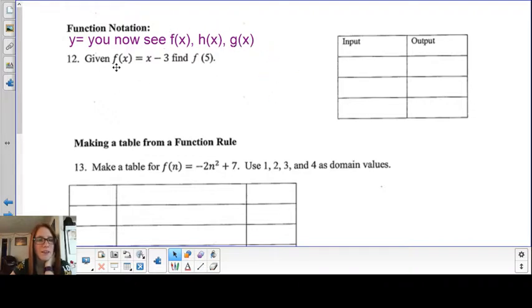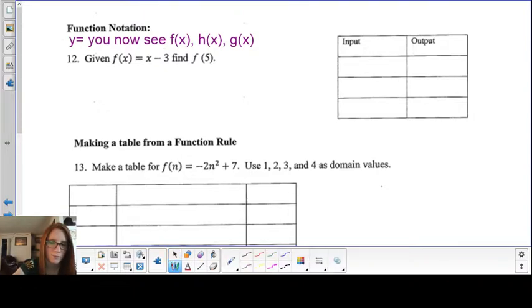So when it says given this function, f of x is equal to x minus 3, find f of 5, what that's saying is anytime I see x, I'm going to replace that with the number. So, for example, we can do 5, 6, and 7, just because I want to see what happens. So I'm going to find f of 5.